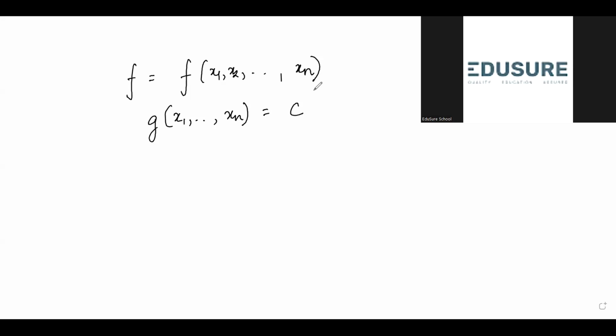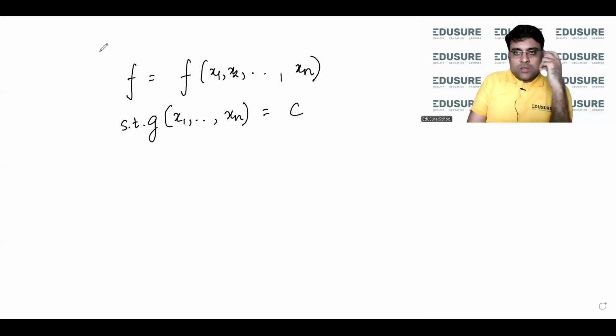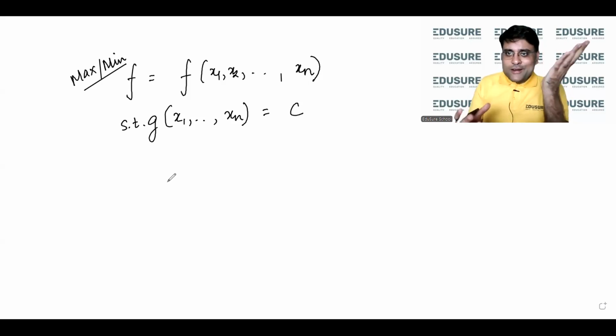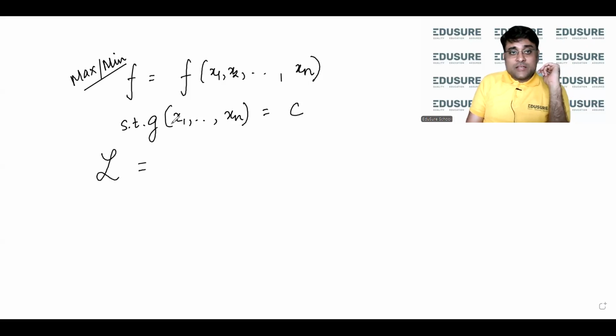ओके, तो अगर ऐसा टाइप का कुछ हमारे पास में आता है problem where I need to maximize or minimize this function which is here subject to this constraint, first thing that we do, which we have already learned, is to form the Lagrange. Lagrange कैसे फॉर्म होगा?